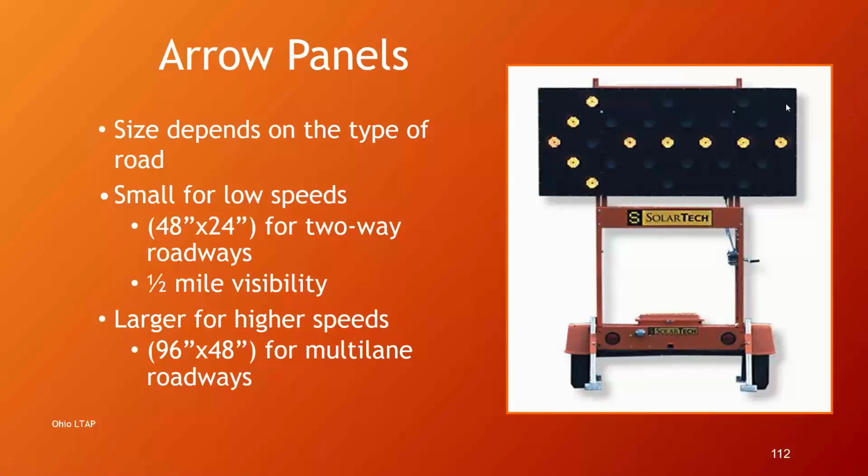Ray, we have a question. Yes. Okay, let's go. Why shouldn't you use arrows with flaggers? I thought the last presentation mentioned arrows showing a merge direction. No, you definitely do not use arrow panels in a flagging operation.